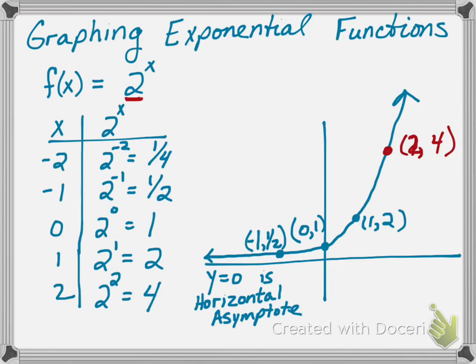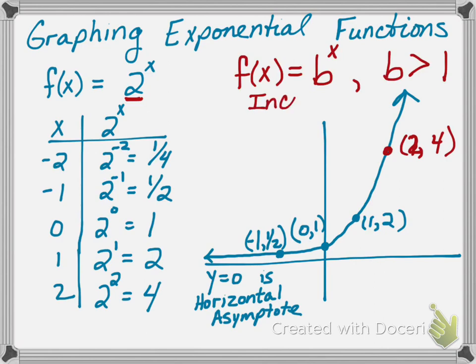A basic exponential function looks like f of x equals b to the x, and if b is greater than 1, it's going to be an increasing graph from left to right.